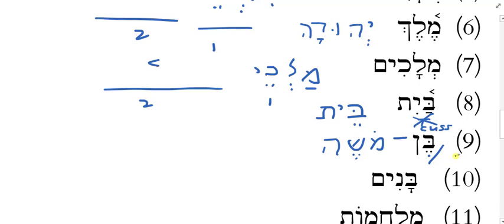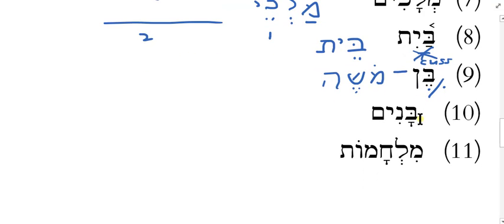What's the other short I-class vowel that I could use? Hireq. Right? Pathak is going to be my short A-class vowel. Hireq and Segol are my short I-class vowels. Okay? And since sere is I-class, I'm going to stay in the I-class. Okay, so Ben or Bin. So Ben Moshe. All right, look at number 10. I have Banim. What's Banim?